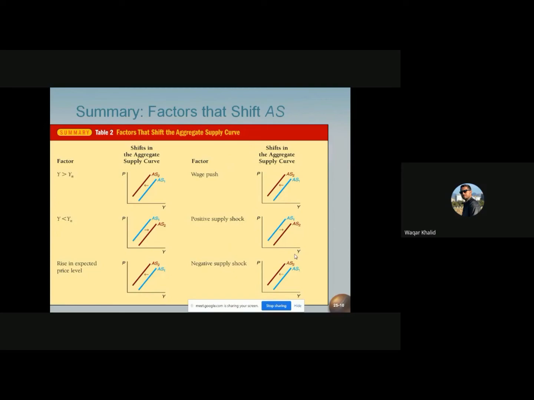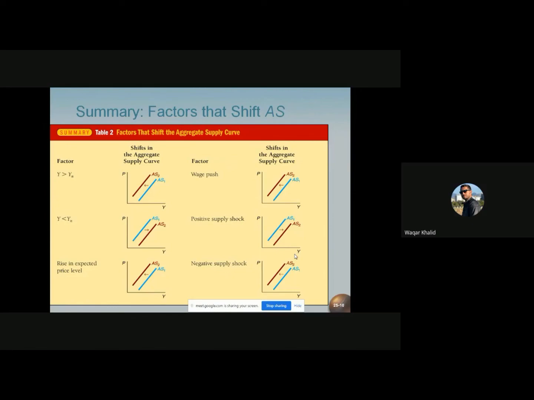A positive supply shock, for example, good weather that leads to a bountiful harvest and lowers the cost of food, will reduce the production cost and shift the aggregate supply curve to the right side. That's why we are shifting from AS1 to AS2.